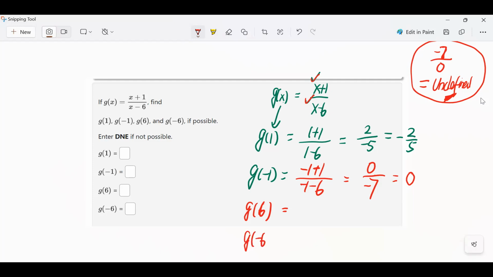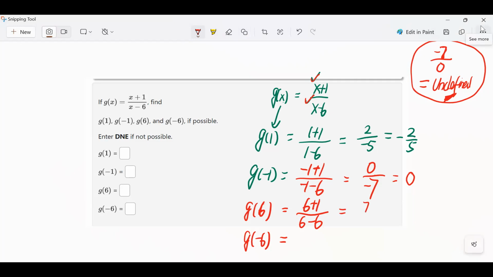Finish this, try g of 6. Okay, so g of 6 will be 6 plus 1 on top, and the bottom will be 6 minus 6.